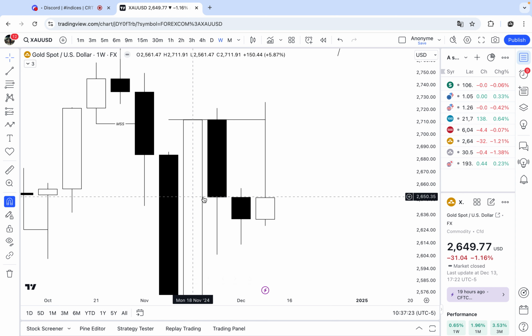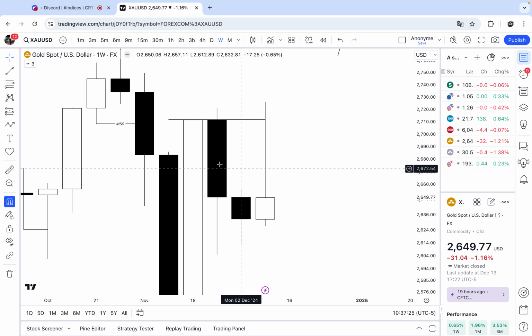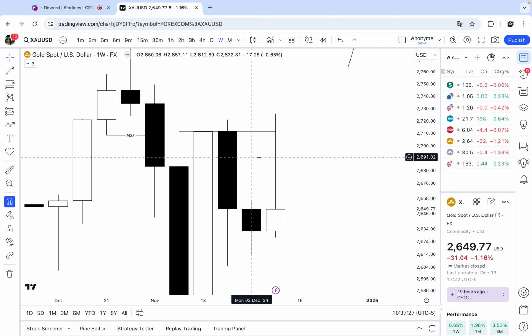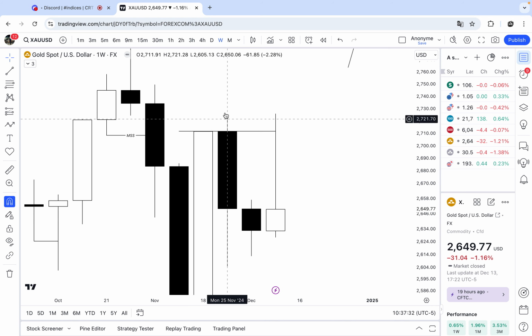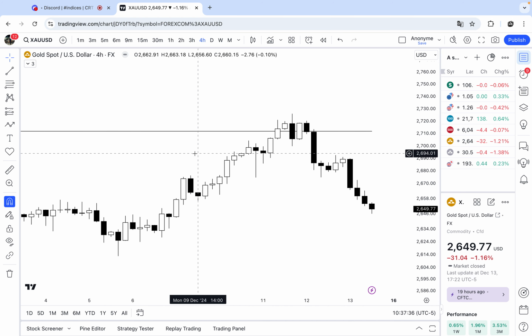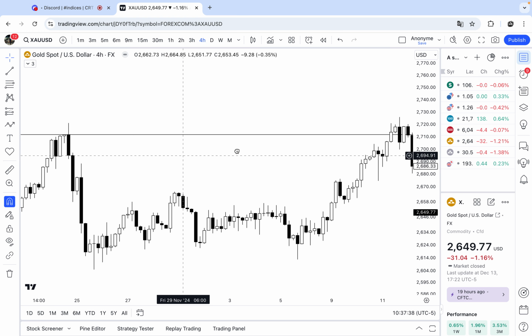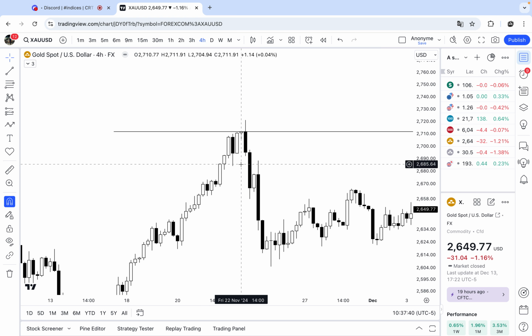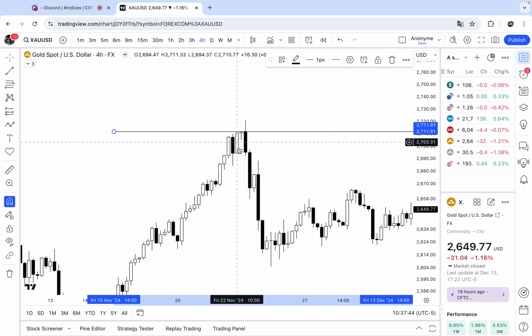So you've got candle number 1, candle number 2, candle number 3. In this case, we purged two times. So the first one here, you got a CRT right here, which is not very clear.